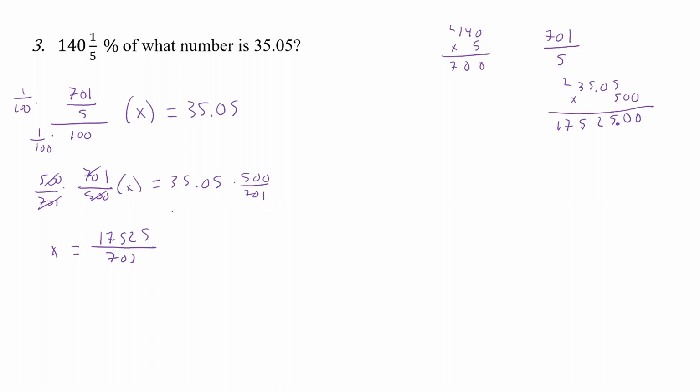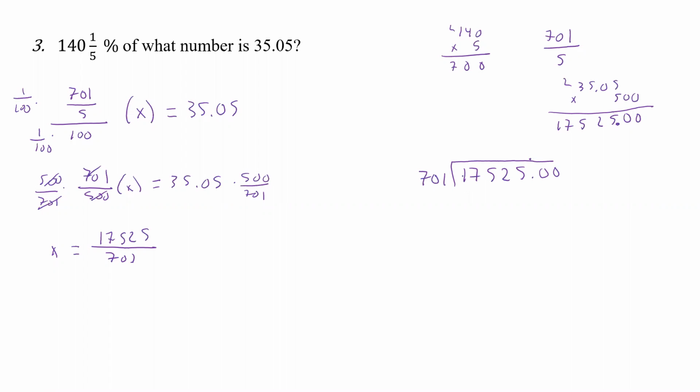Okay. Now, what I can do is I can divide this whole thing out. And let's go ahead and do that. We write it over here. So we'll have 701 into 17525 point, and hopefully we won't need too many zeros.